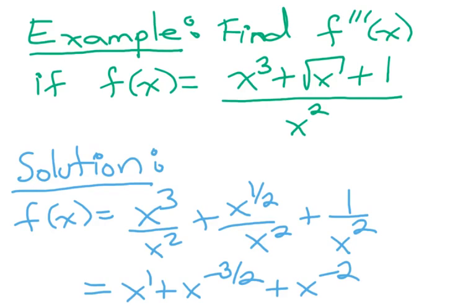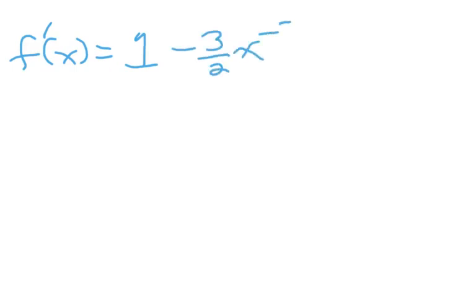For simplicity's sake, we can maybe write that exponent as a 1, even though it's not really necessary. So f prime of x, that's going to be, well, just 1 times x to the 0, which is just 1, minus 3/2 x to the negative 5/2, minus 2 x to the negative 3.